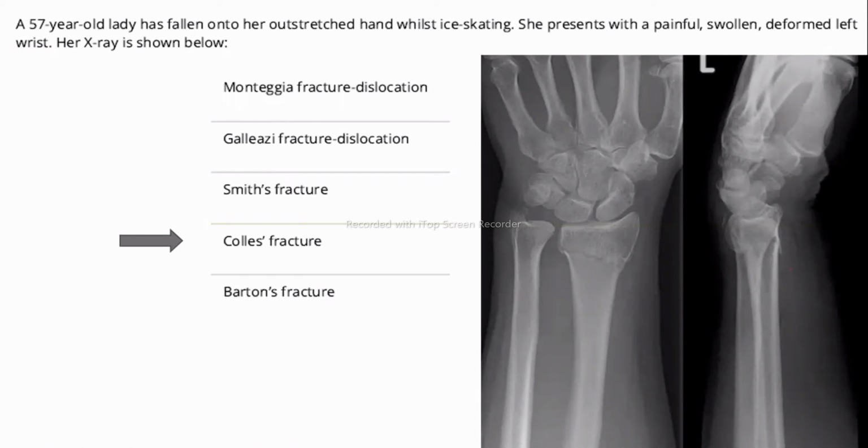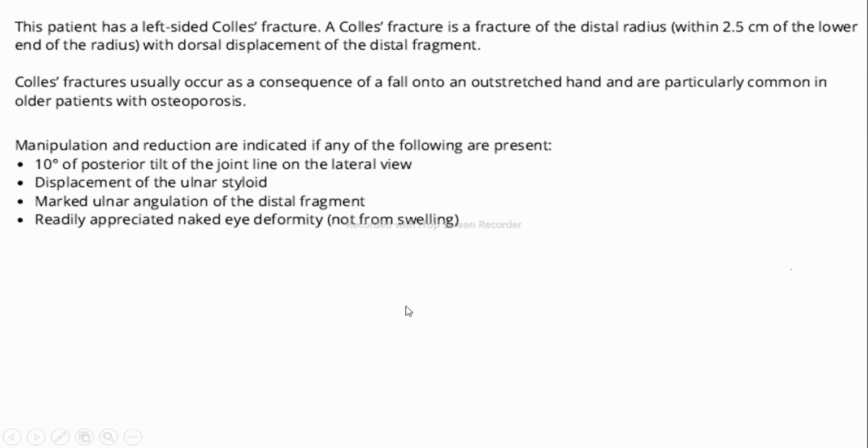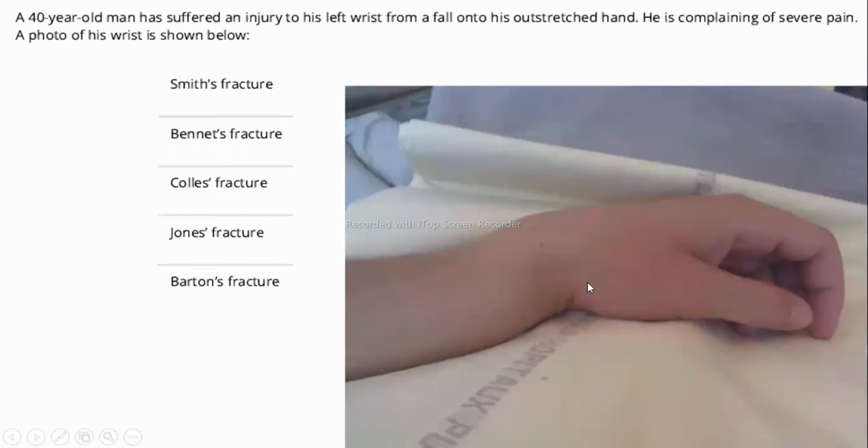The hand is posterior to the anatomical position. If you draw the midline here, is this posterior or anterior? Posterior. So the patient has a Colles fracture. I will show you now a Smith fracture.